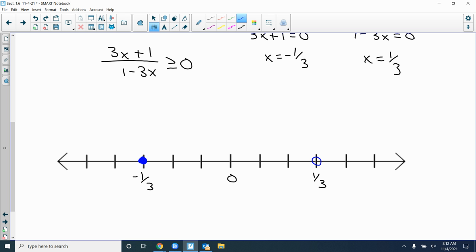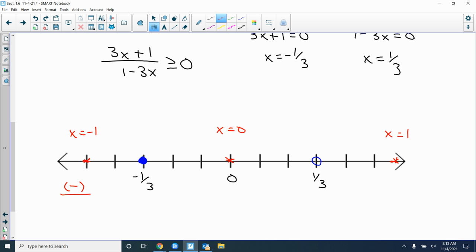For test points, I'm just going to estimate where it's at, and use x equals negative 1, x equals 0, and then x equals positive 1, and plug those in. With negative 1, what signs am I going to get? That's negative 3 plus 1, negative, divided by 1 minus 3 times negative 1, which is positive 4.